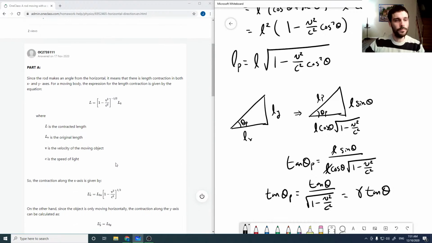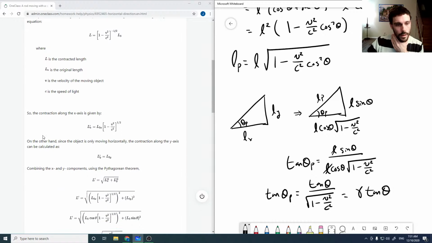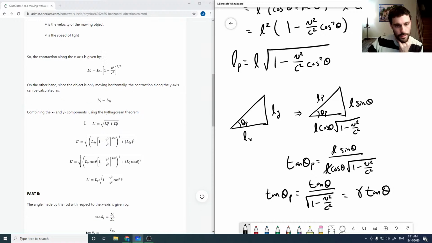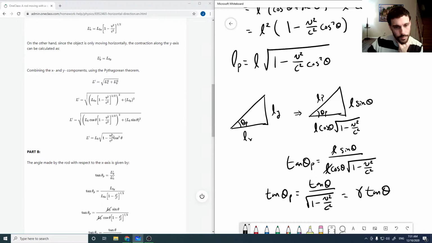Okay, so since the rod makes an angle from the horizontal, length contraction in both axes, so no, it'll just be in the x, but that's probably just a mistake. So the compression along the y is nothing, so it's not being compressed at all, so that's good.